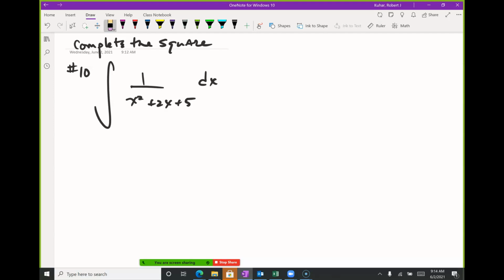Now, if you don't remember completing the square, I'm sorry for the torture I'm about to put you through. But basically, I want to group my x terms together, and I want to factor out a leading coefficient that is not 1. Right now I have a 1x squared, so I don't have to factor anything out there. I can leave it alone.